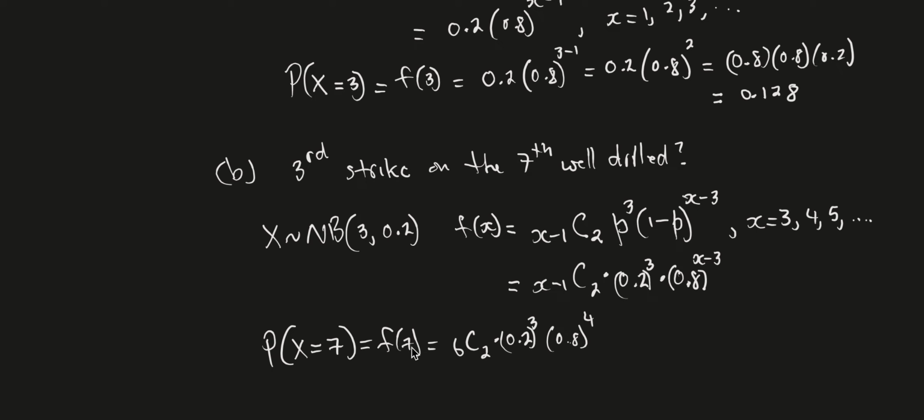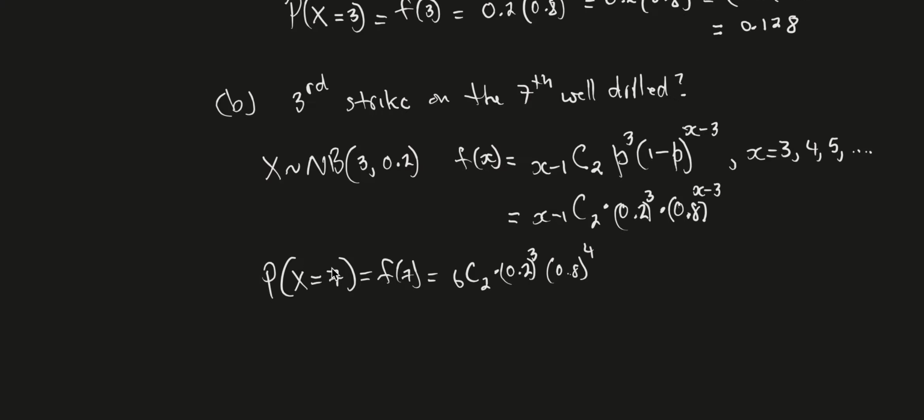So you have 7 trials total, which will be comprised of 3 successes and 4 failures. So you want to make sure that these two powers add up to the value of your x, right?